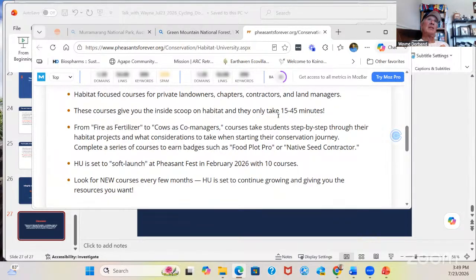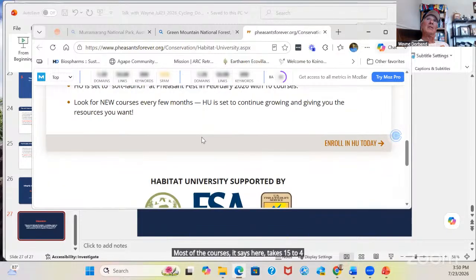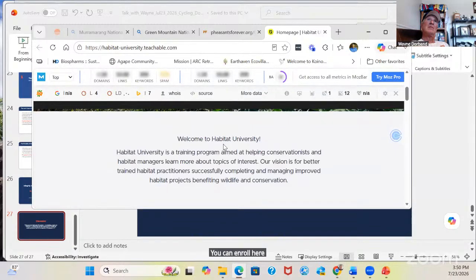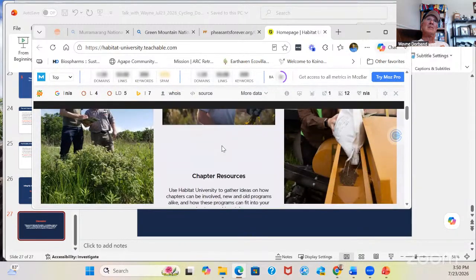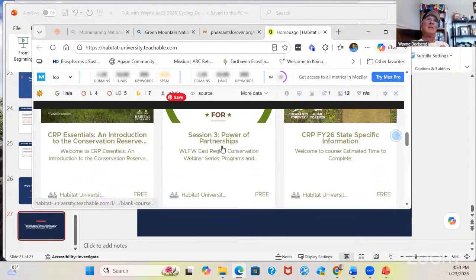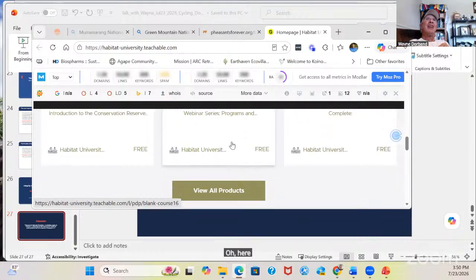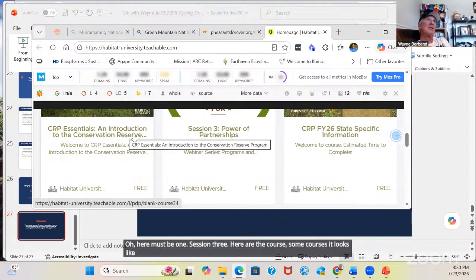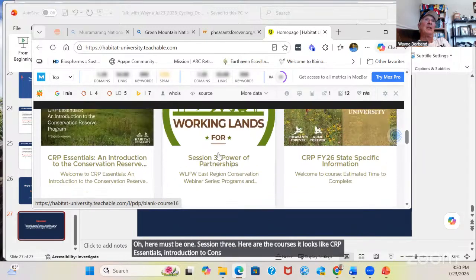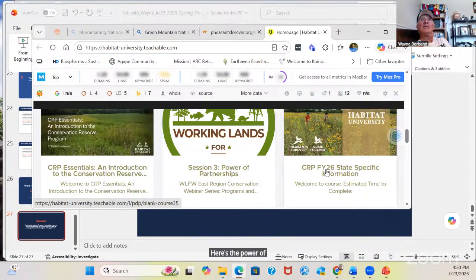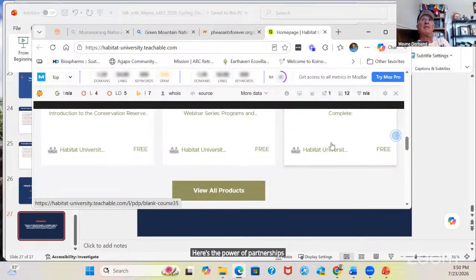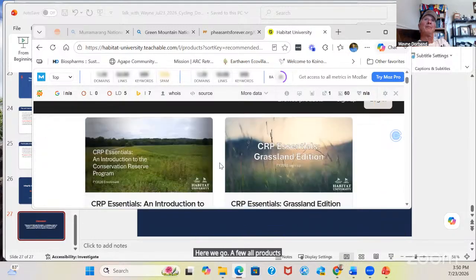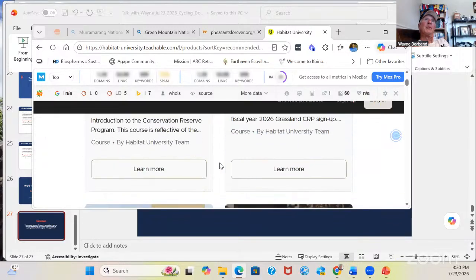Most of the courses, it says here, take 15 to 45 minutes. You can enroll here. Oh, here must be one. Oh, session 3. Here are some courses it looks like. CRP Essentials, Introduction to Conservation Reserve. Here's the Power of Partnerships, state-specific information, and here we go. View all products. Here's the courses. Very cool.